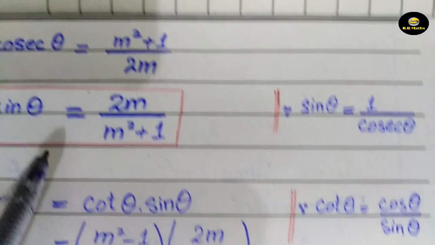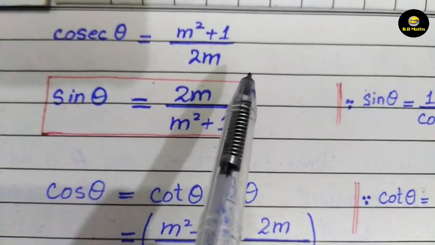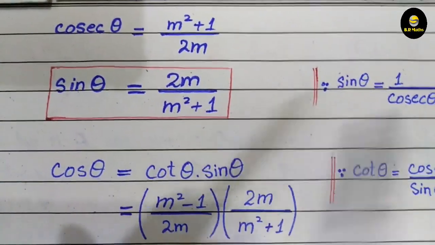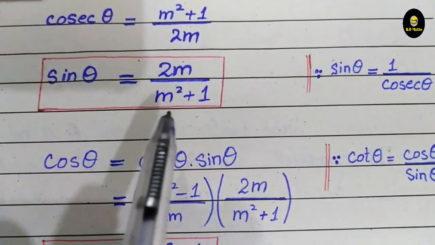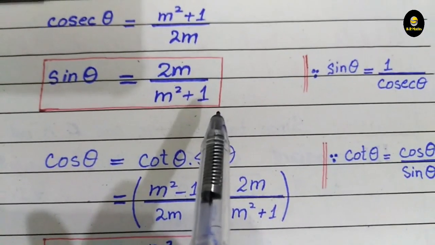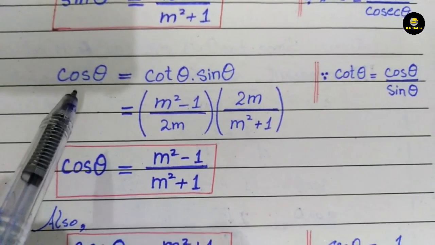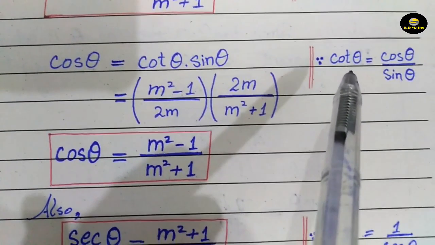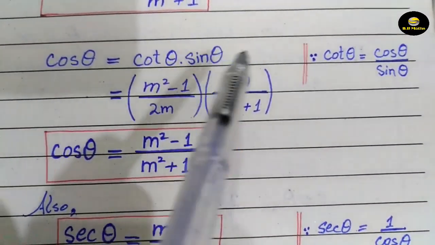So next, in the question, cosecant theta is given as m square plus 1 over 2m and sine is its reciprocal. So take the reciprocal of m square plus 1 over 2m, it becomes 2m divided by m square plus 1. Okay. And now again, cos theta is equal to cot times sine. Yes, in the previous question, this formula was used. So cos theta is cot theta into sin theta.